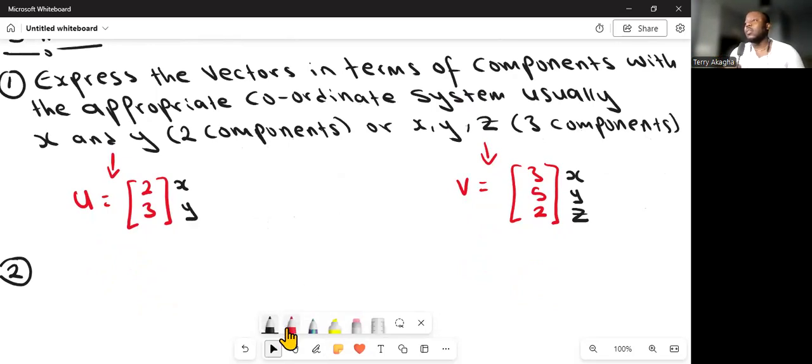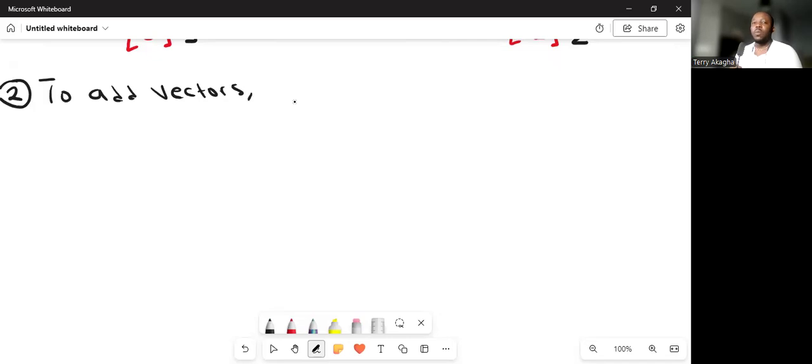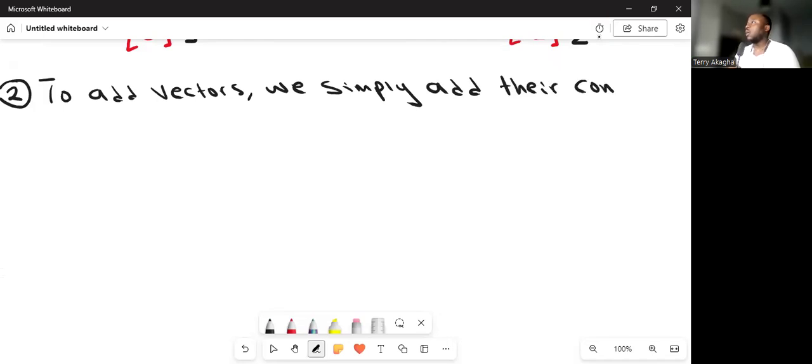So that's step 2: you add the vectors, and we simply add their components in order with their corresponding coordinates.